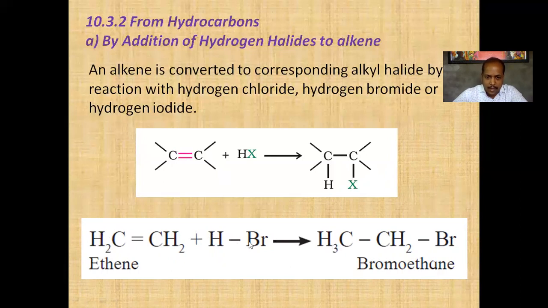Now this Br is attached to this carbon, the CH2Br bond forms, and this bond is shifted to here. That is, the carbon-carbon double bond gets converted into a carbon-carbon single bond, and we obtain the product, bromoethane.